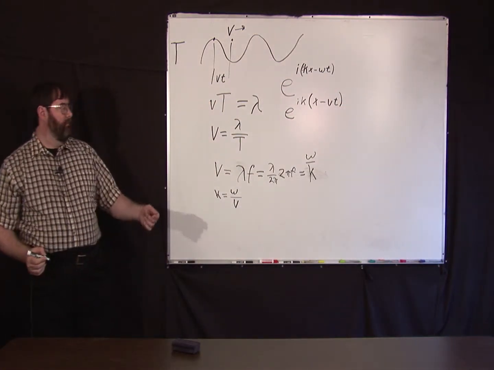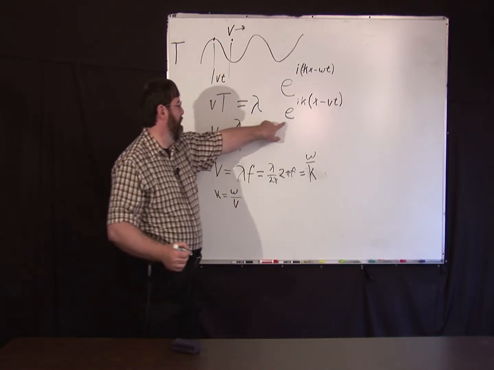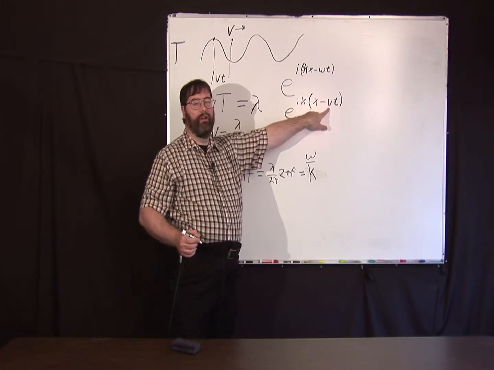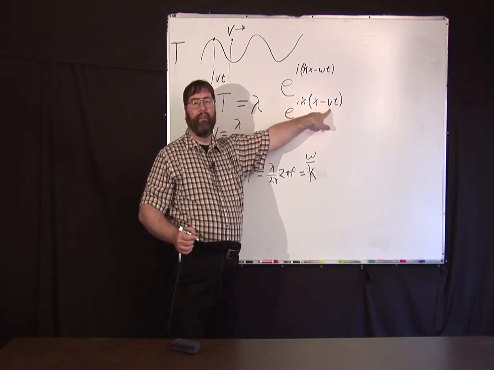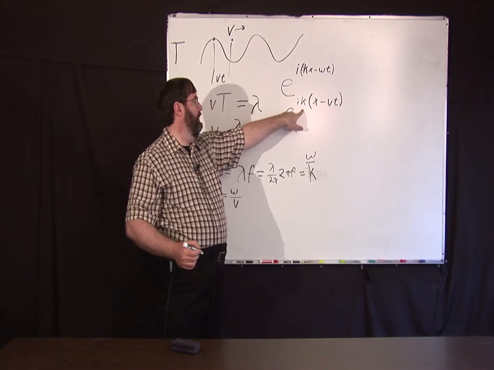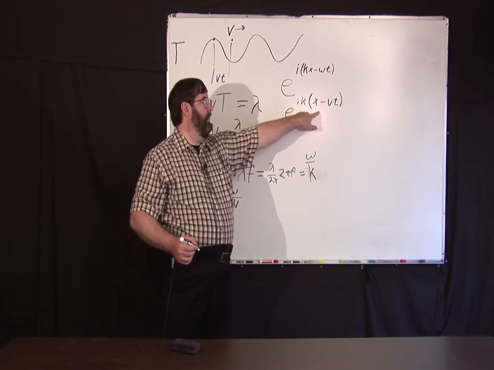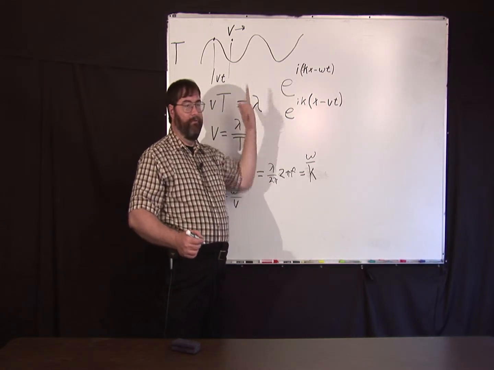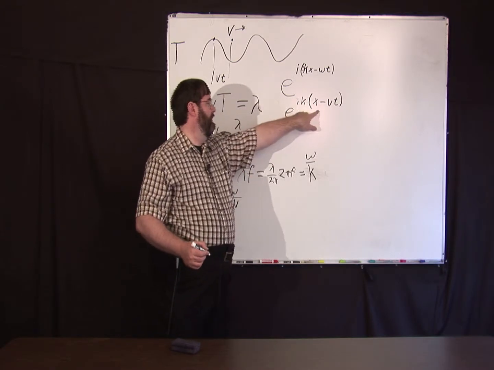Now you might say, look at this, this is the equation of something moving at constant velocity times k. And that has to be the case because we started out with that.